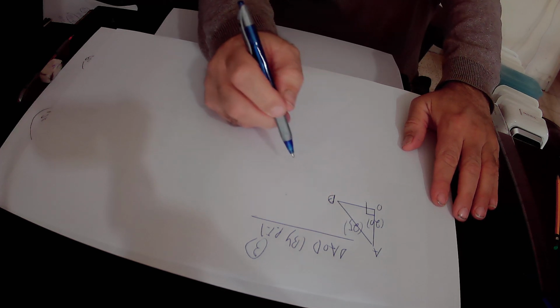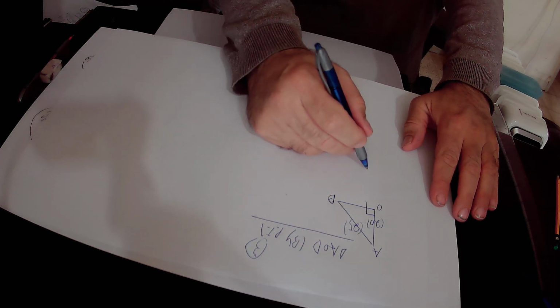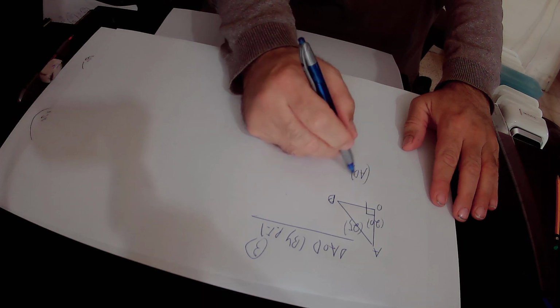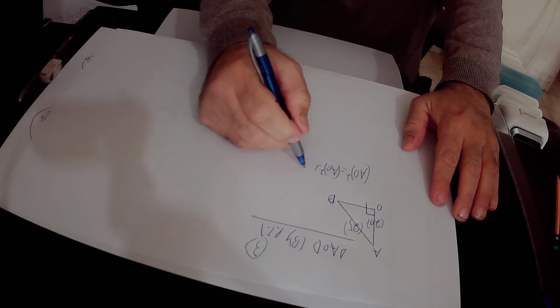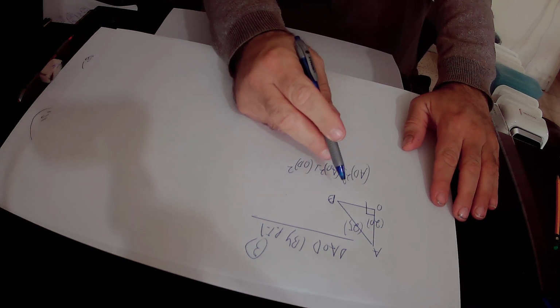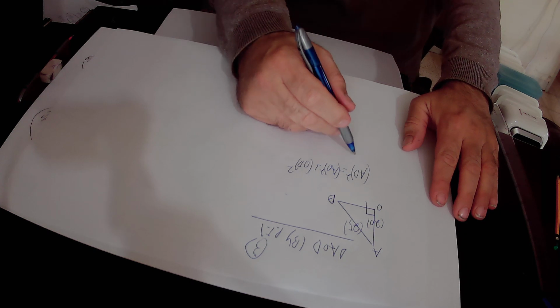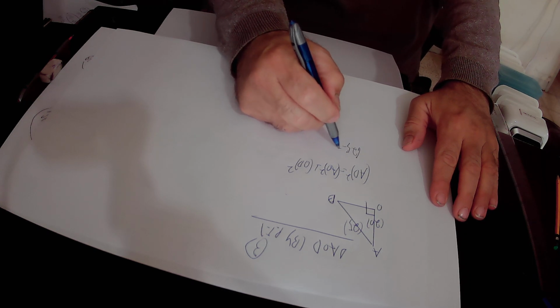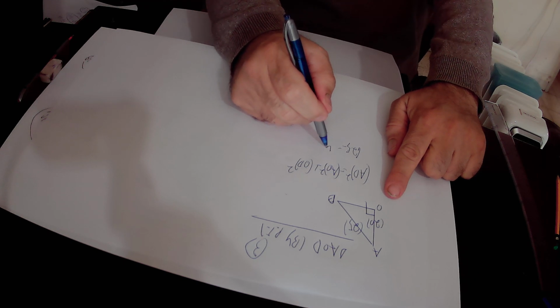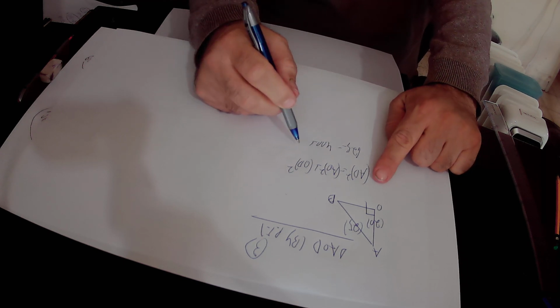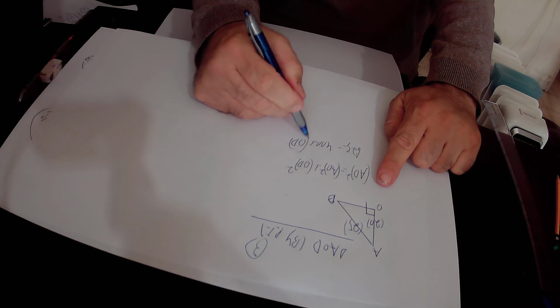According to the Pythagoras theorem, in the right triangle AOD, AD square equals AO square plus OD square, that is the missing side. AD is 25, therefore AD square is 25 squared, that is 625, and it is equal to AO square. AO is 20, therefore AO square is 20 squared, that is 400, plus OD square. OD is the missing side, so we leave it as it is.